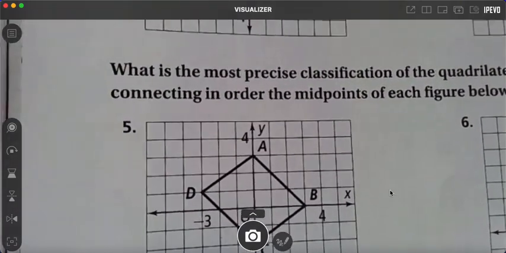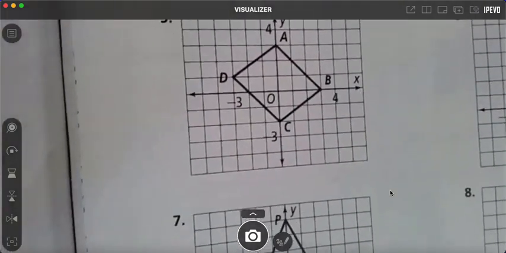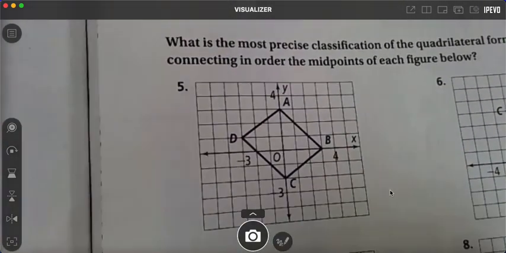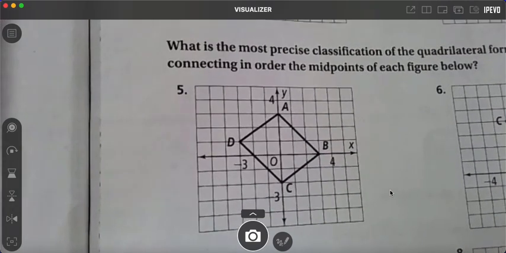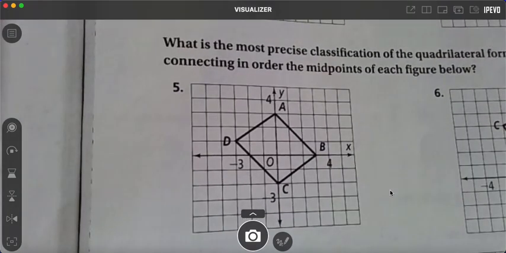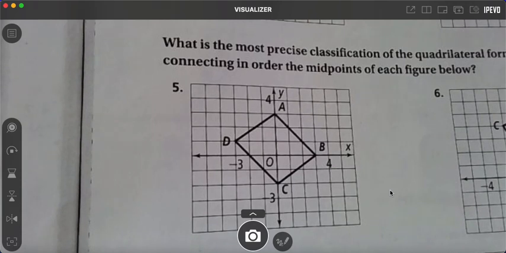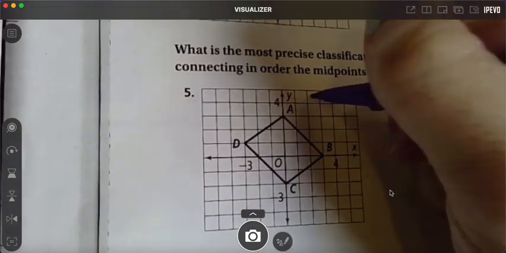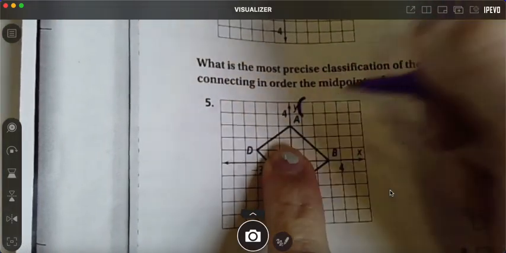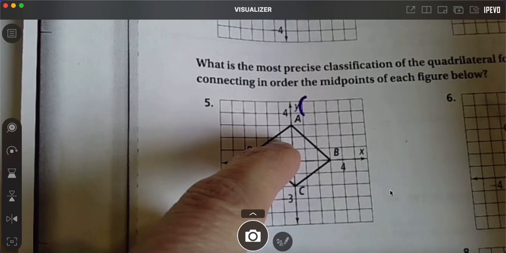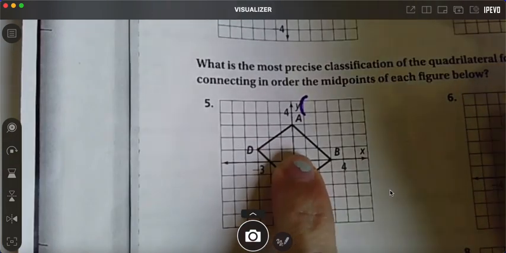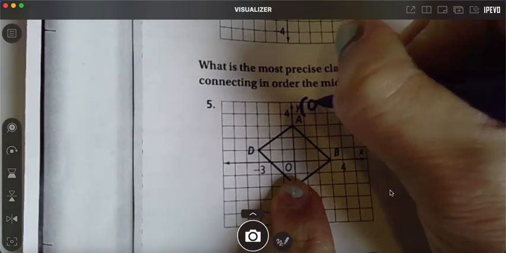Okay, so on number 5, I want to find the midpoint, not mid-segment, the midpoint of each of those. So that means I have to add the x values, divide by 2. Add the y values, divide by 2 for each little thing. Let me write down my ordered pairs. What is this ordered pair? So on your 7 and 8, what's your first step? Write down your ordered pairs. So 0, 3.